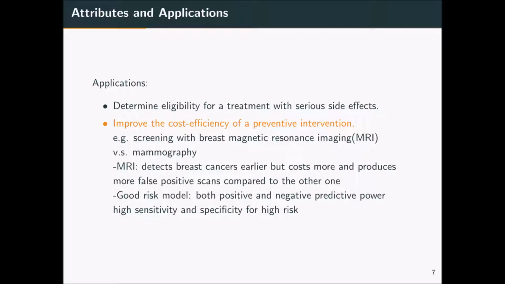Therefore, we need to reduce costs by restricting MRI to women at high breast cancer risk. For this kind of application, a good model is one that has high sensitivity and specificity for high risk, and it requires both positive and negative predictive power.